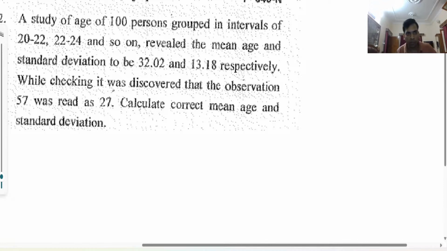Okay, so we are going to start this session. Today some student asked this question, and this is from previous years.